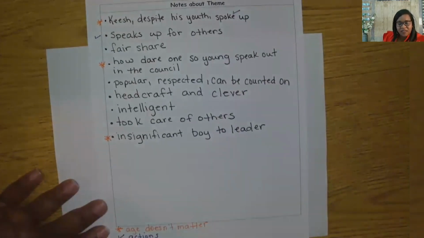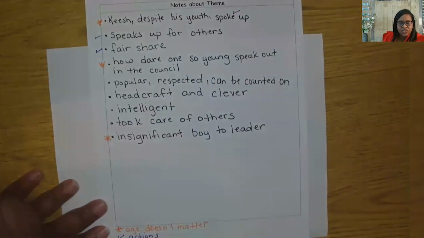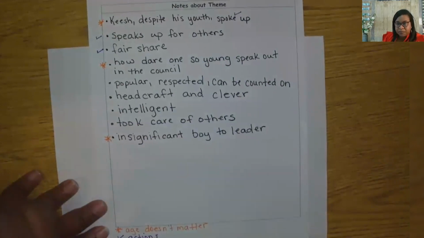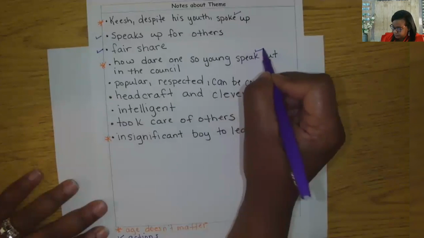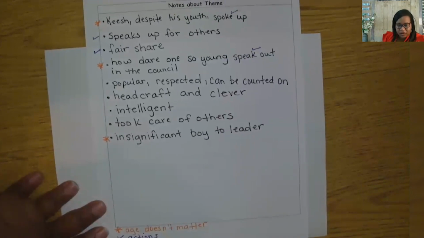Because Keesh gave everyone a fair share, I'm going to check it. How dare one so young speak out in the council? I'm going to put a check over speak out. Popular, respected, and can be counted on. I'm going to put a check on counted on and took care of others.